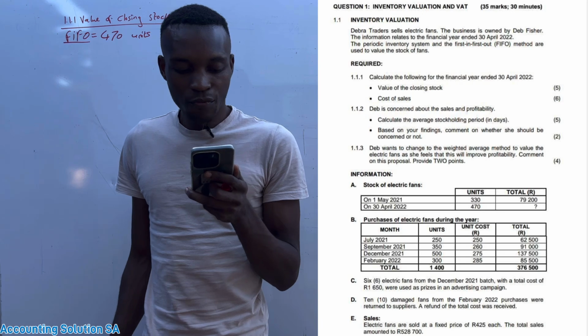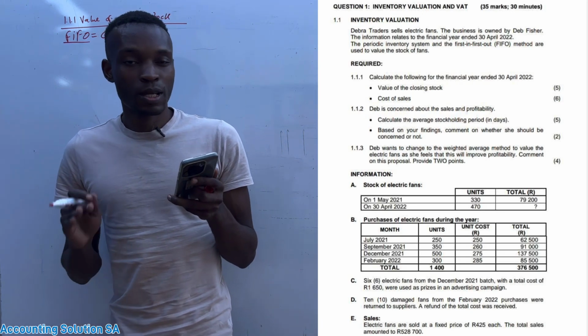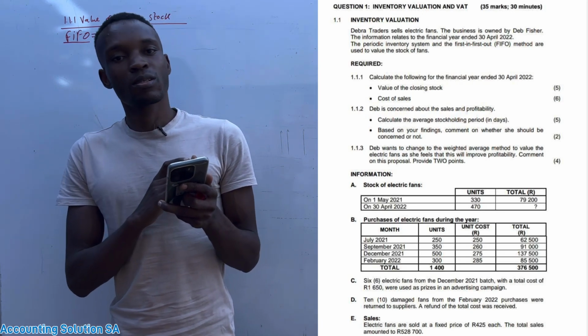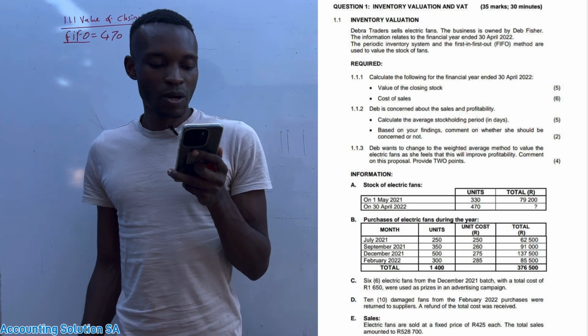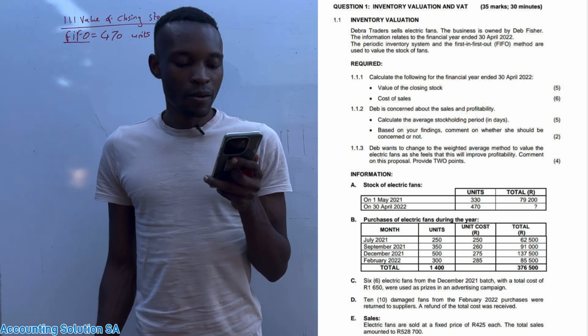This 6 is from December, which means that when we go to December, 6 must be taken out. Note D, 10 damaged fans from the February 2022 purchase were returned to the supplier. A refund of total cost was received.